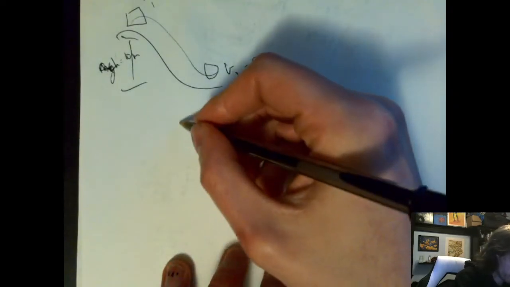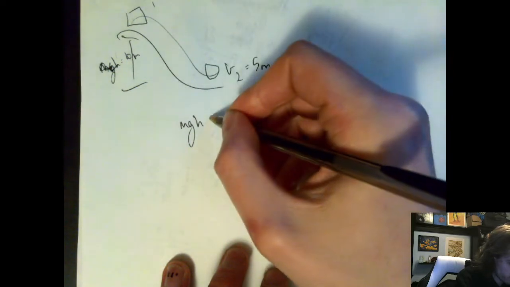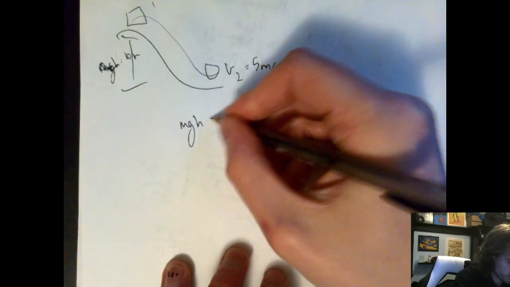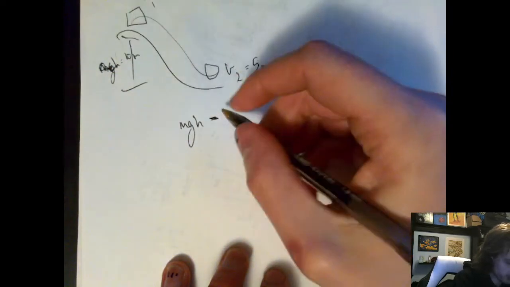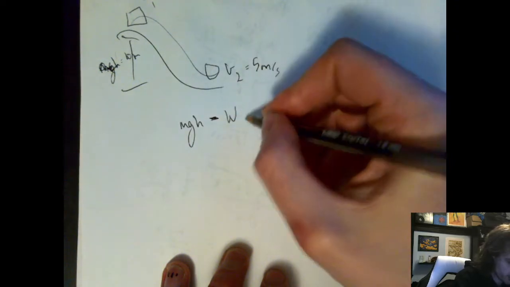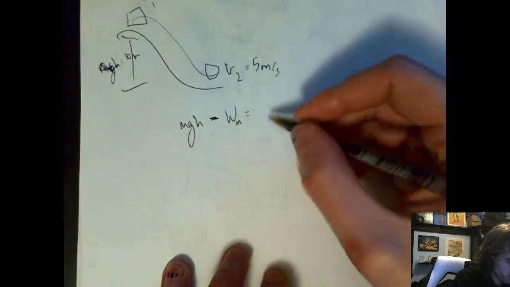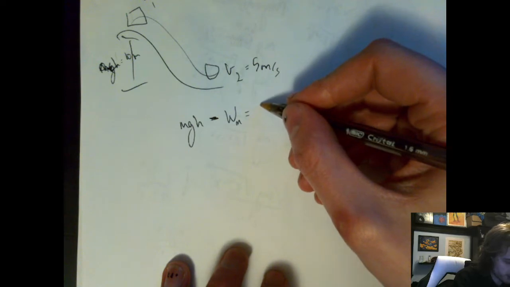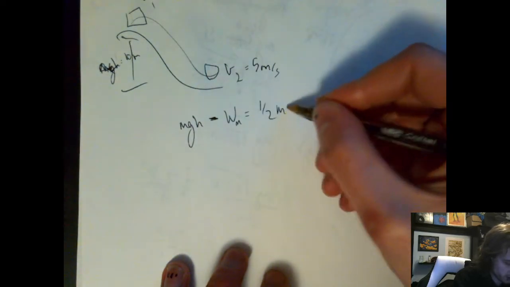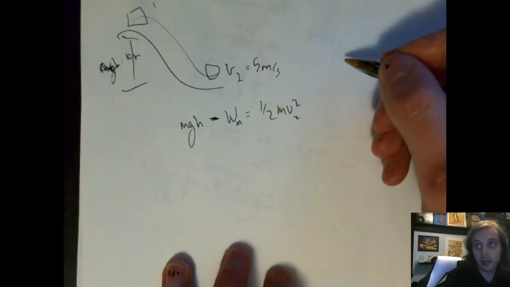So at the top, we've just got potential energy, mgh. Our motor is going to do some work, pulling the object backwards with a rope or something, so we've got negative work from our motor. That will equal the energy at the end, which is all kinetic, so 1/2 mv squared.